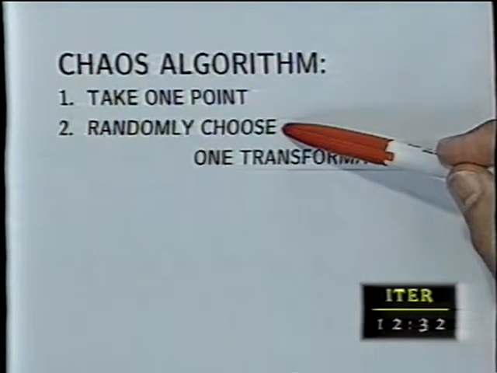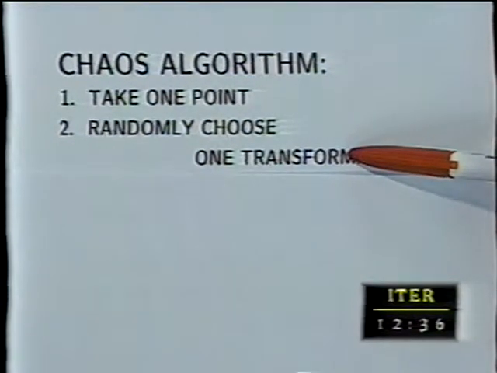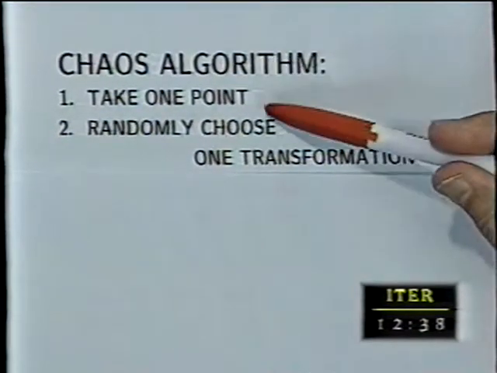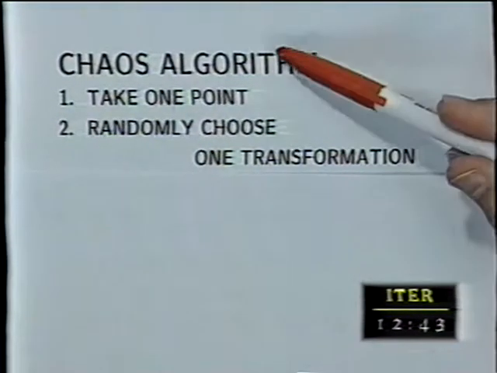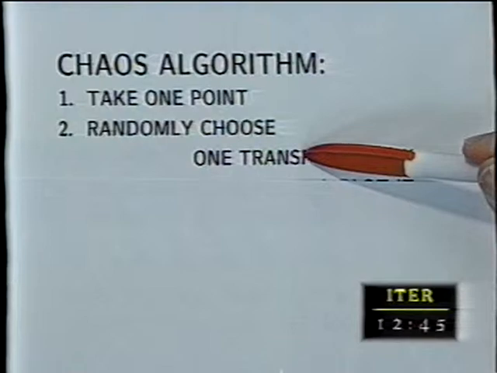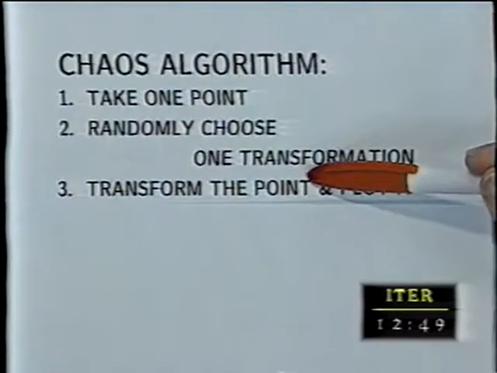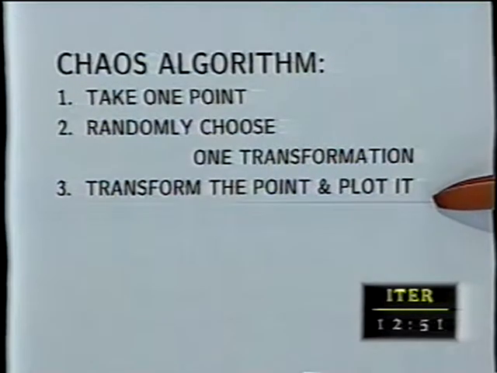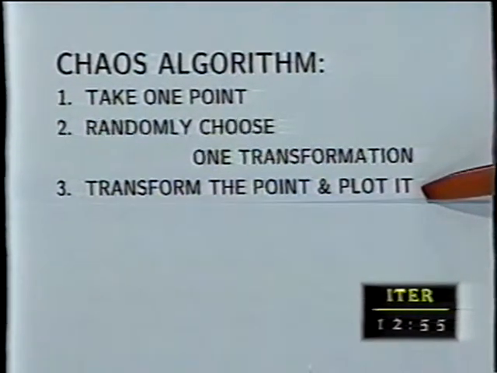Randomly choose one of the transformations. Let's say I have 3 transformations. I don't take that point and go through each of them, producing 3 points from that one point. I randomly choose one of the transformations, and I transform the point into one other point and plot that other point. So only one point becomes 1 point.